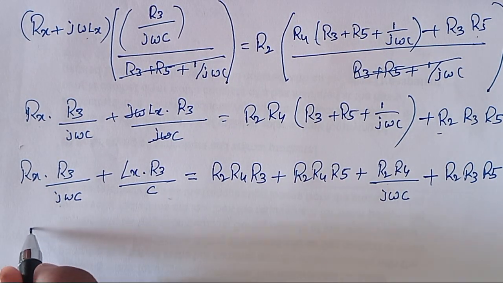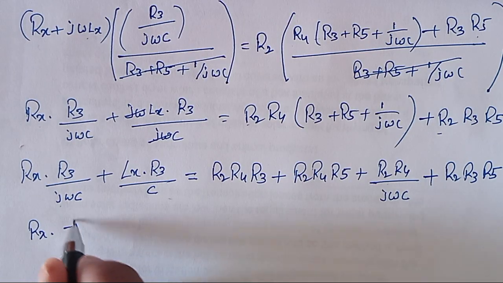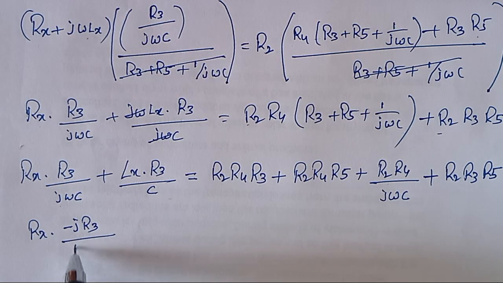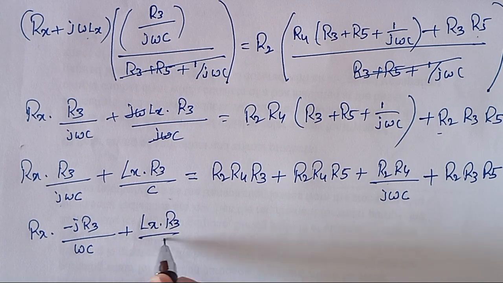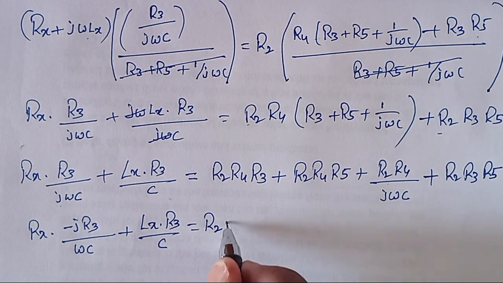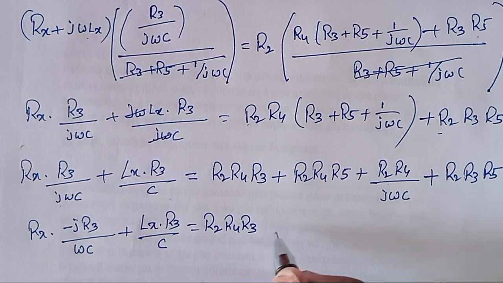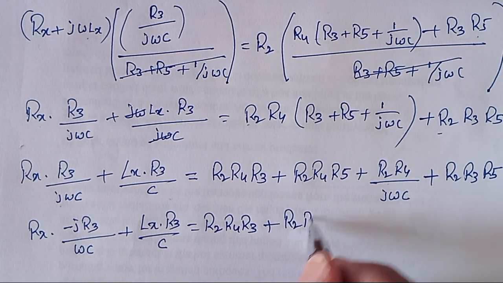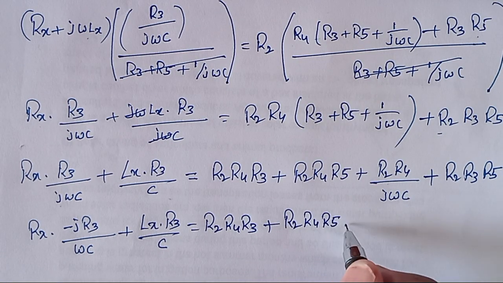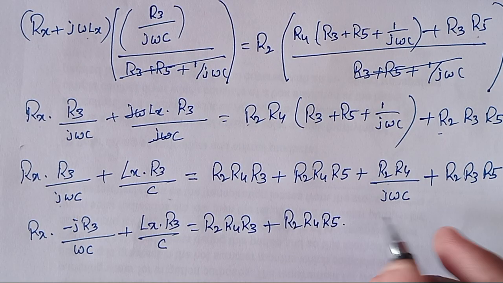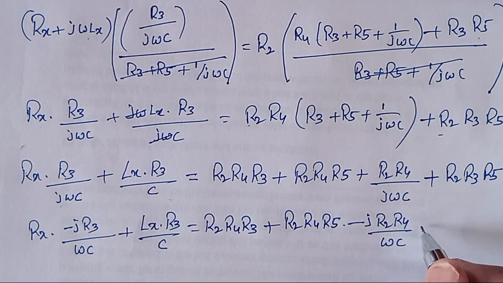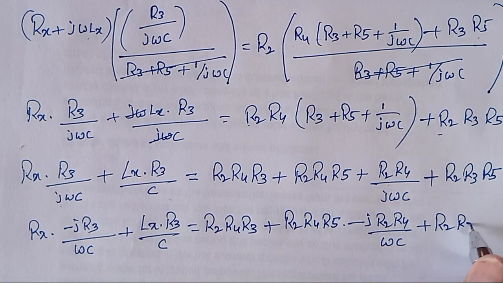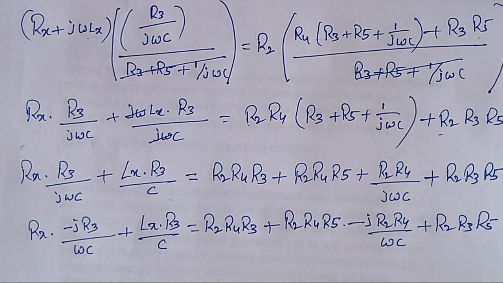So Rx into minus j R3 by omega C plus Lx into R3 by C equal to R2 R4 R3 plus R2 R4 R5, the same terms I'm getting, minus j R2 R4 by omega C plus R2 R3 R5.